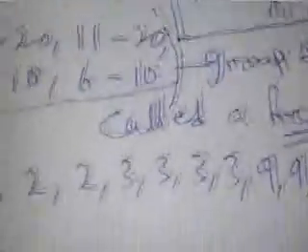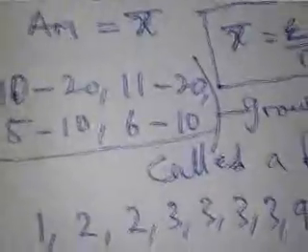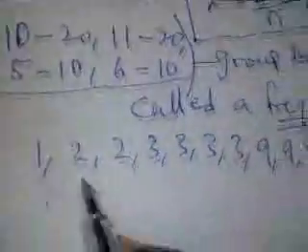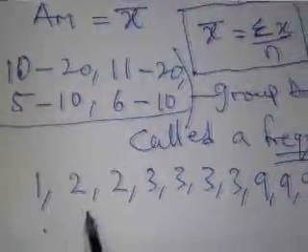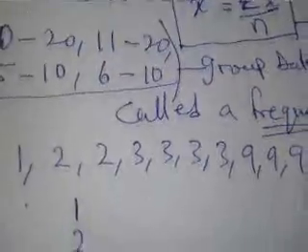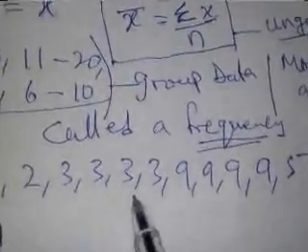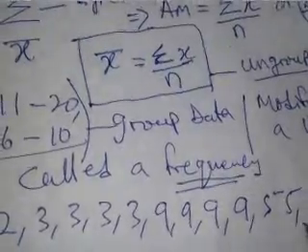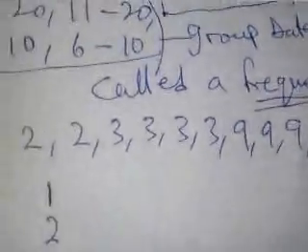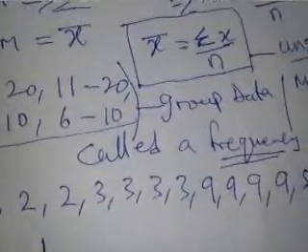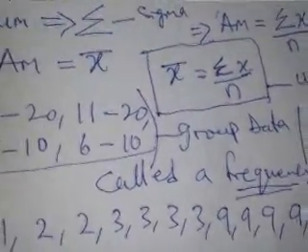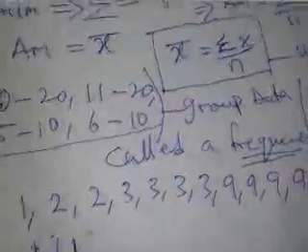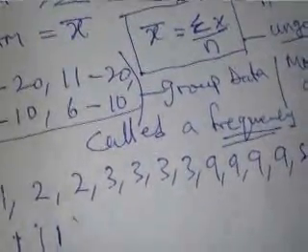So, how many times does 1 occur? 1 occurs once. How many times does 2 occur? 2 occurs twice. How many times does 3 occur? 3 occurs 3 times. There's no 4, so how many times does 5 occur? 5 occurs twice.